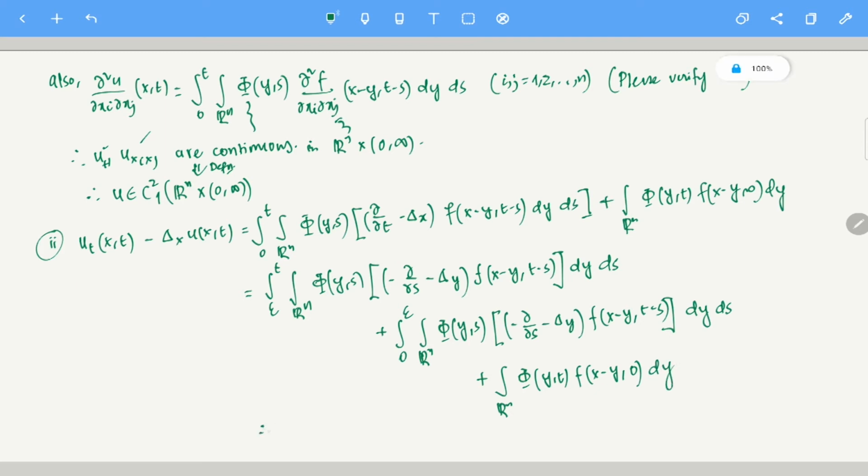So I am writing this as I_epsilon plus J_epsilon plus K. All of this depends on epsilon.